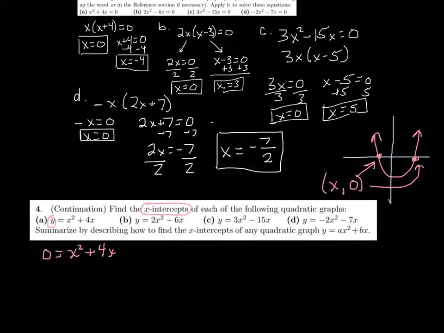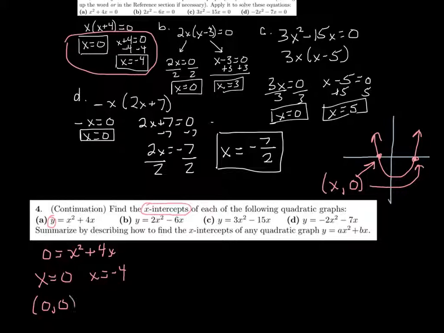So we could go all the way back down to the final answer right there, which was x equals 0 and x equals -4. The only difference is those are x values. They're not actual x-intercepts. An x-intercept is a point. So my x-intercepts would be 0, 0, and -4, 0 for A.